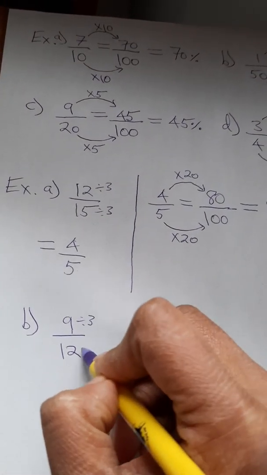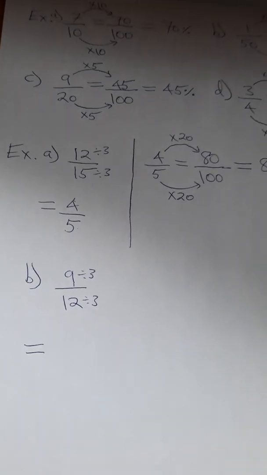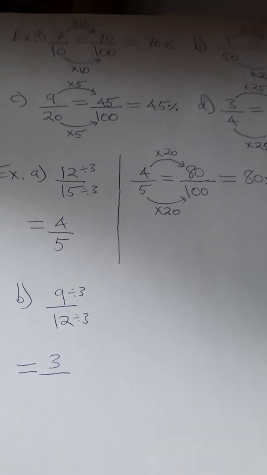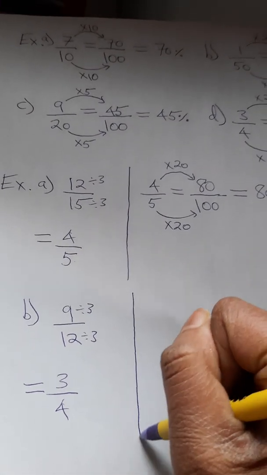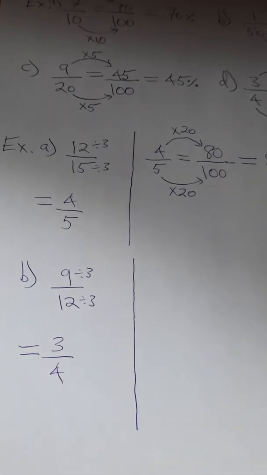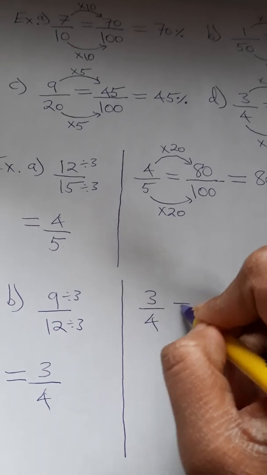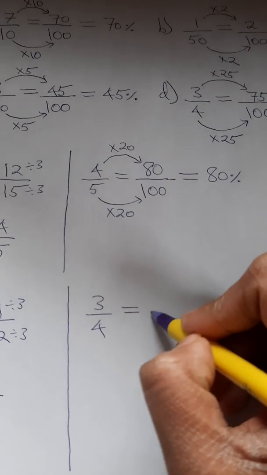So one more time, let's try dividing it by 3 here. So 9 divided by 3 is equal to 3. And then 12 divided by 3 is equal to 4. So I'm going to make a line here. And so one more time, 3 over 4 is one of the examples that we just tried, right? So I'm just going to show it to you here.